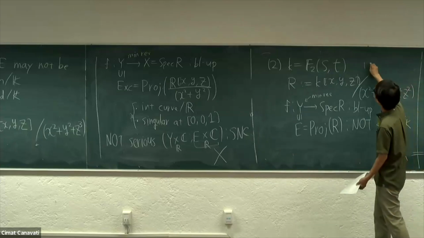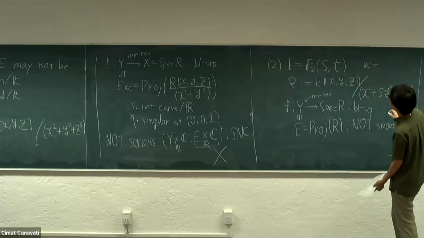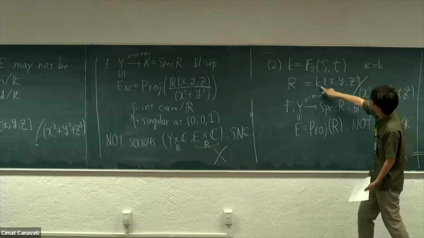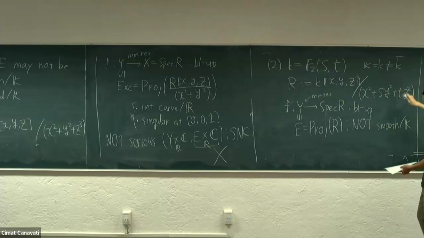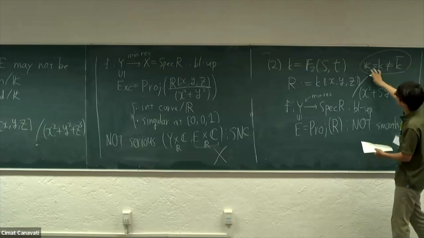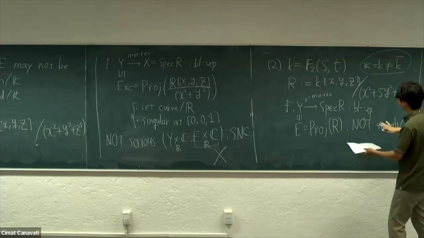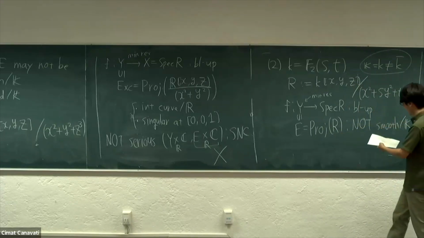Sorry, kappa is the residue field. In this case, the residue field is of course the base field, but in this case, we don't assume it is algebraically closed. So the residue field is not algebraically closed. So this is a problem, and it shows that this is not smooth over kappa.